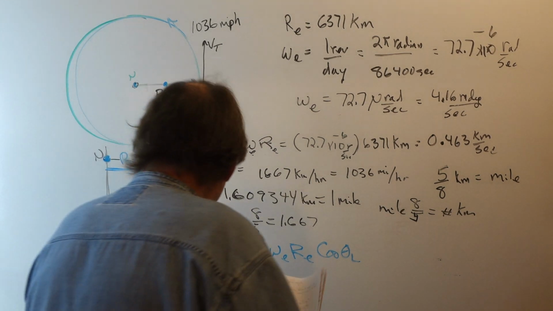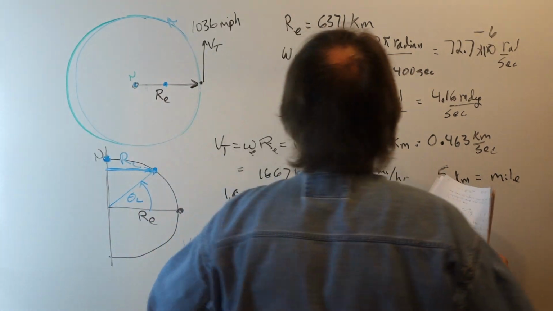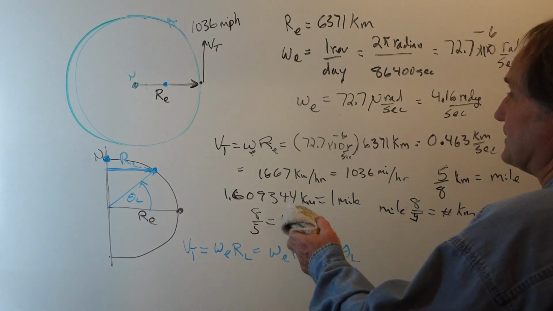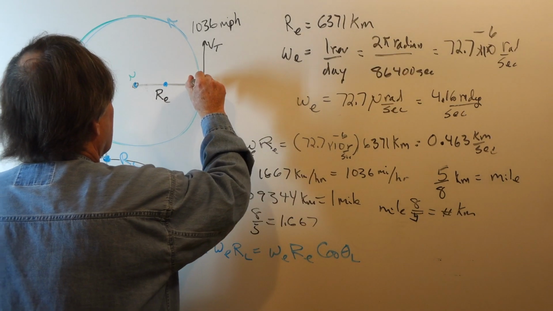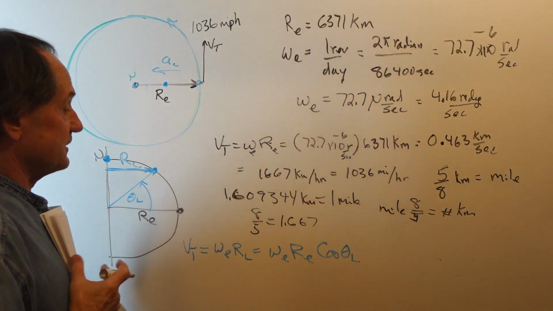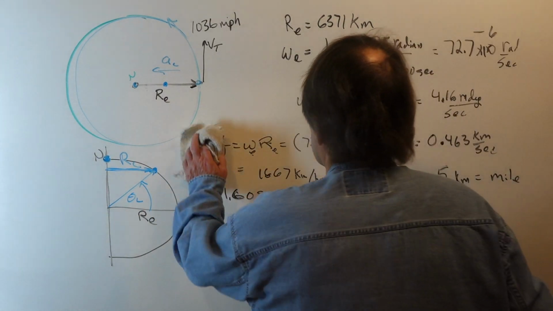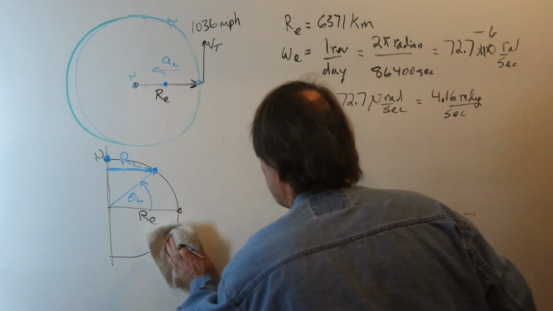Now, just as a sideline here, let's look at the centripetal acceleration that something sitting on the equator experiences. We want to find the centripetal acceleration. Well, remember that centripetal acceleration is omega squared r.